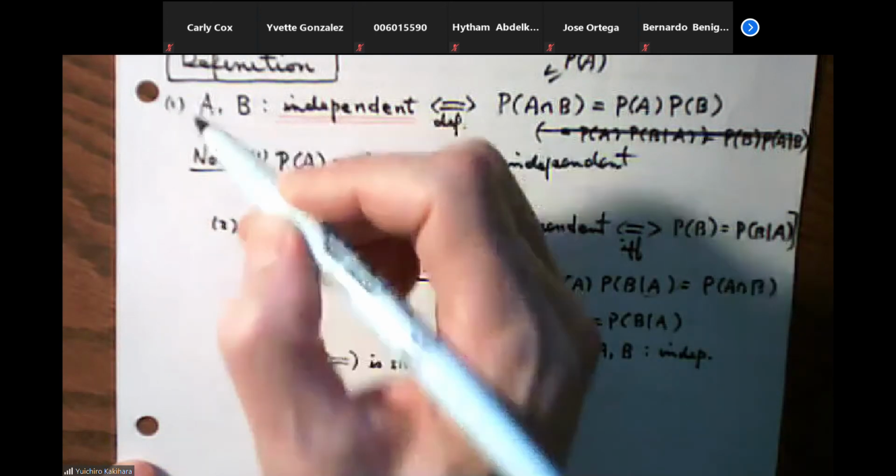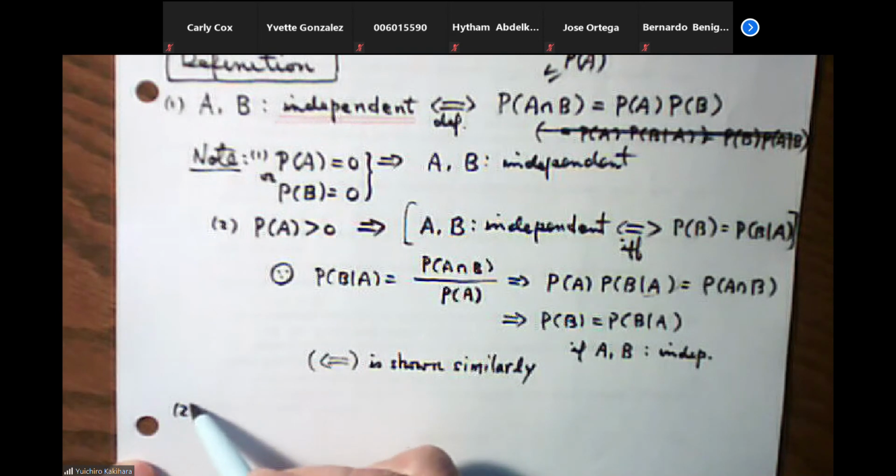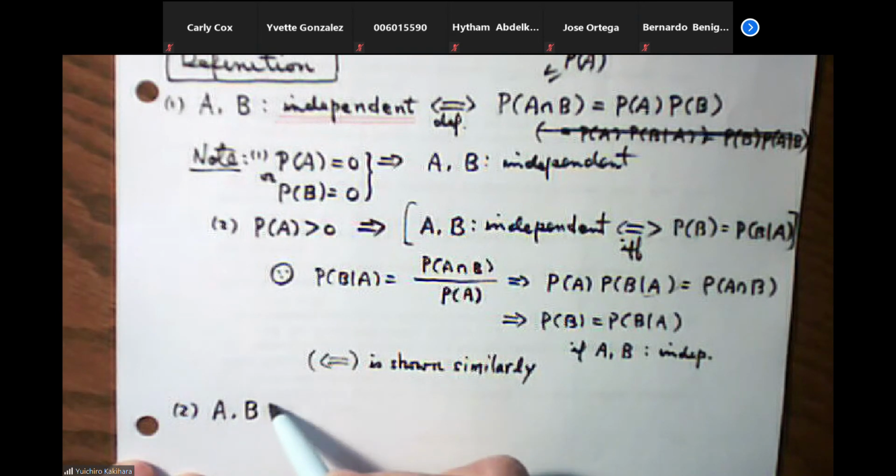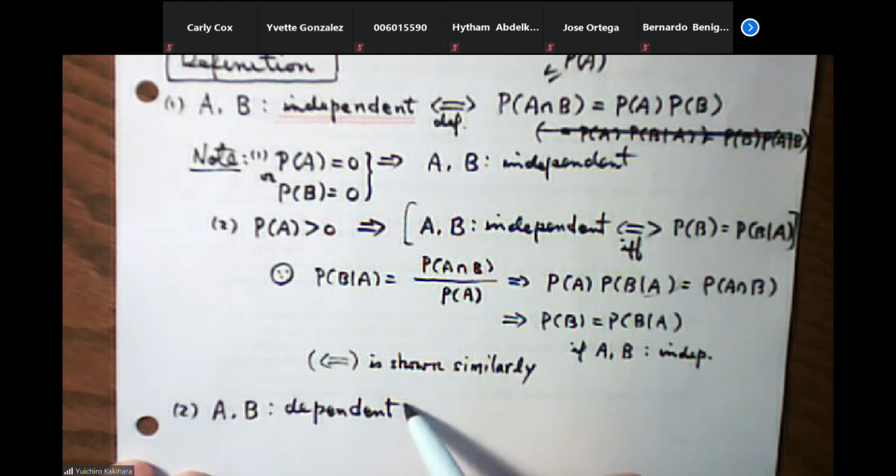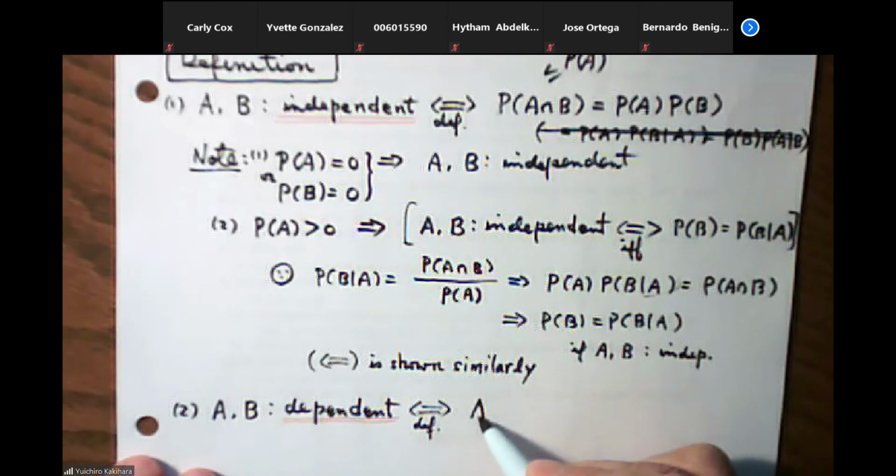So one is this, and then the other part. The opposite of independence is dependent. How do we define dependent? Two events are dependent when? There's no special way. Simply deny the independence.